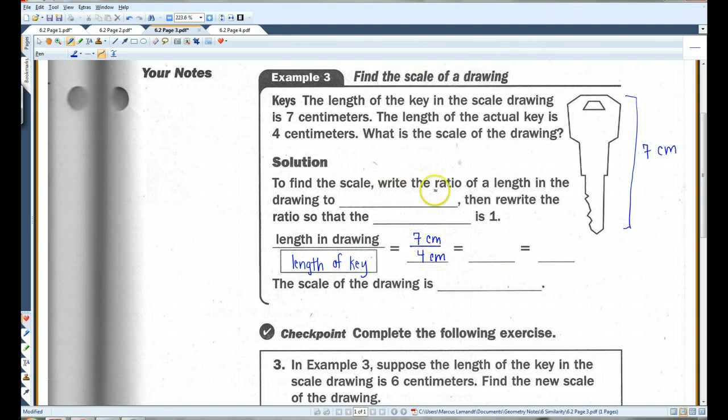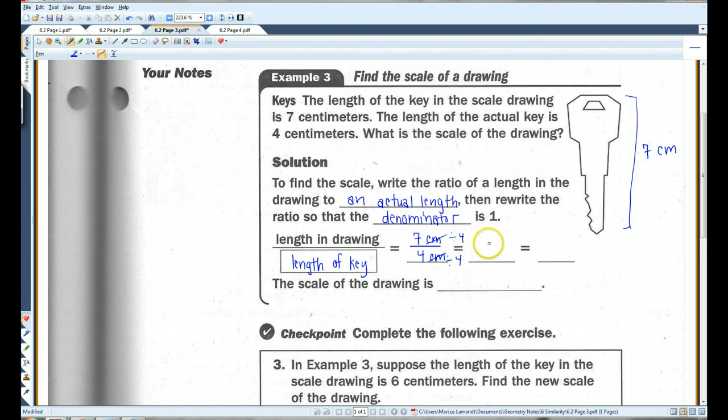And I realize I skipped these 2 blanks. To find the scale, write the ratio of the length in the drawing to an actual length, which is what I just did. Then rewrite the ratio so the denominator is 1. So what I'm going to do here is divide top and bottom by 4. The centimeters are going to cancel out.